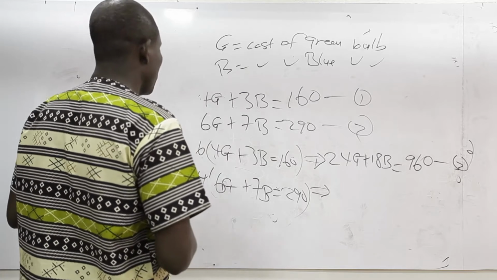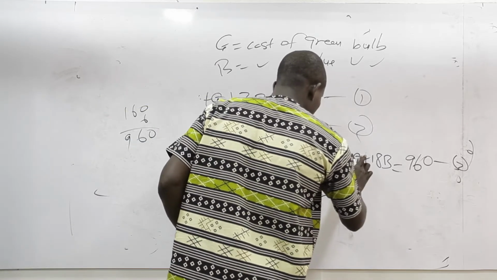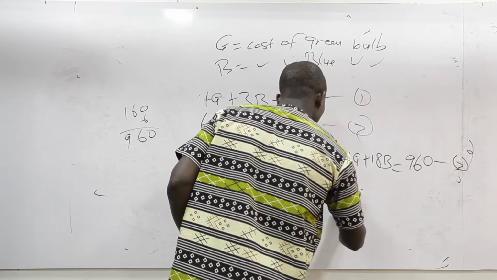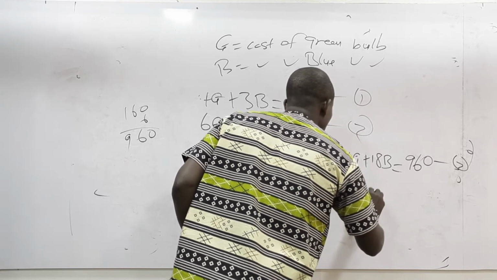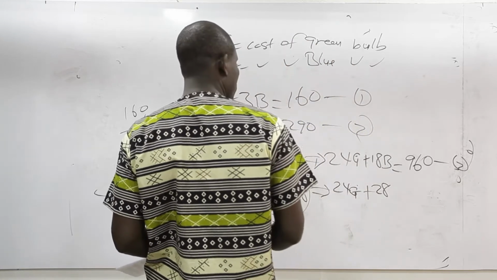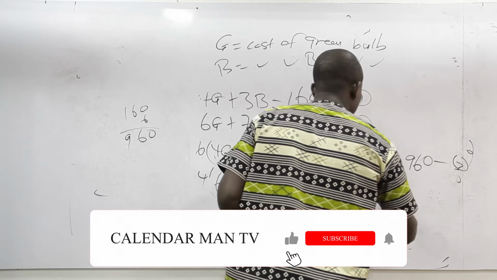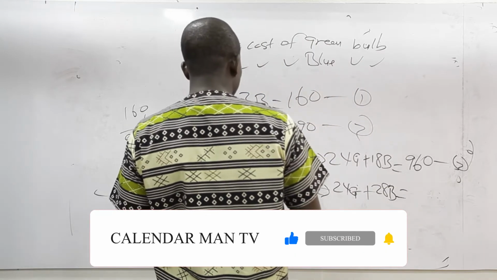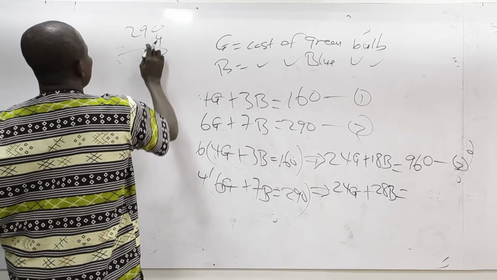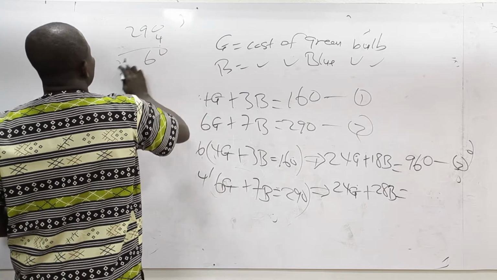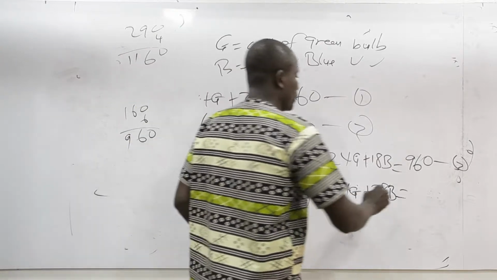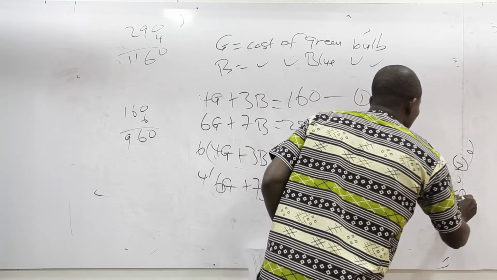Once again, you get 24G plus 28B is equal to 290 multiplied by 4, which is 1160. That would be equation 4.